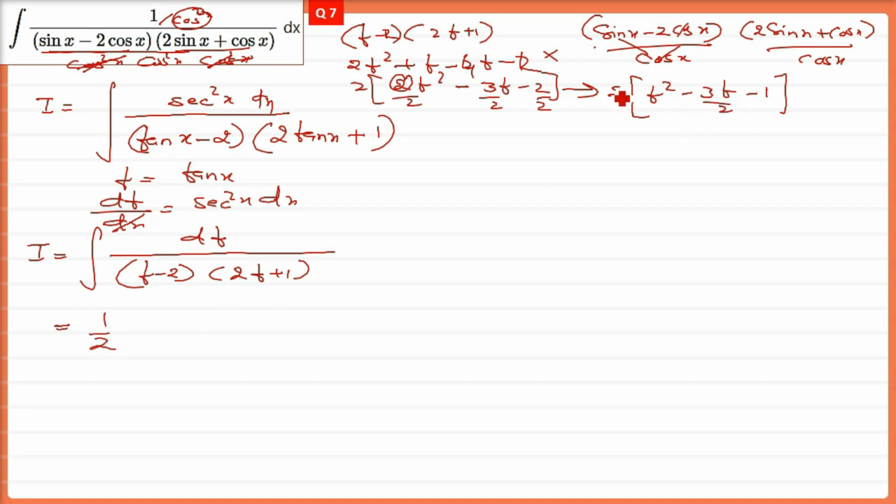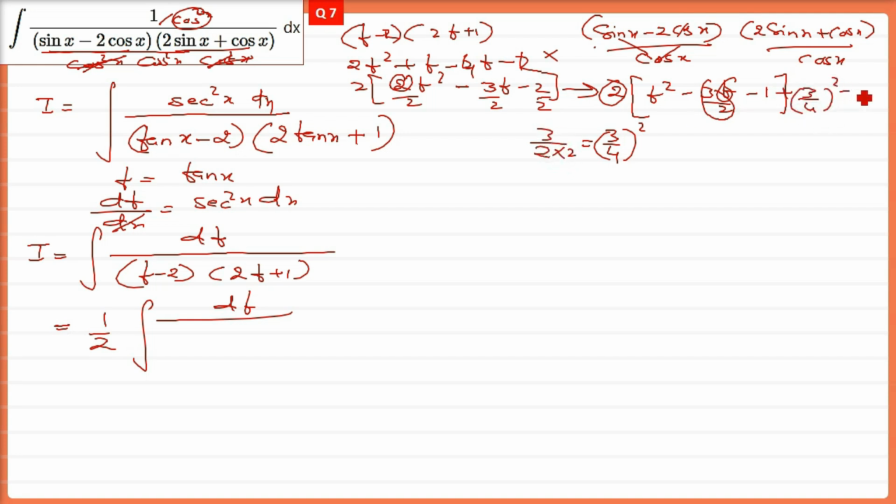We take the coefficient of t, which is 3 by 2, and divide it by 2. It's 3 by 4, we square it and add it and subtract it. So we are actually adding 3 by 4 whole square and subtracting 3 by 4 whole square.